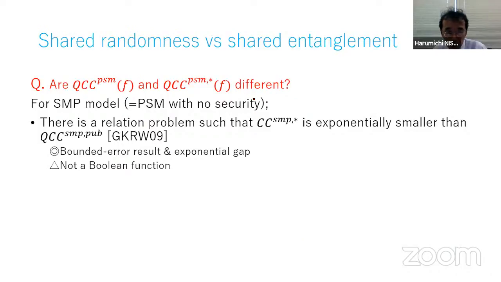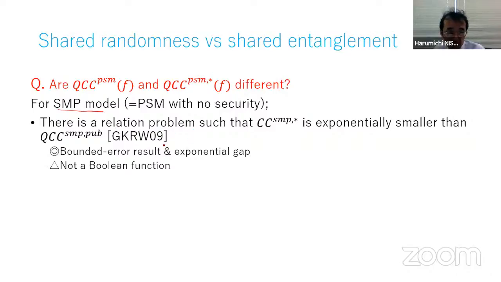To approach it, we look at the SMP model, which is PSM with no security. In this case, there is a problem such that the shared entanglement cost is exponentially smaller than the non-public randomness case.